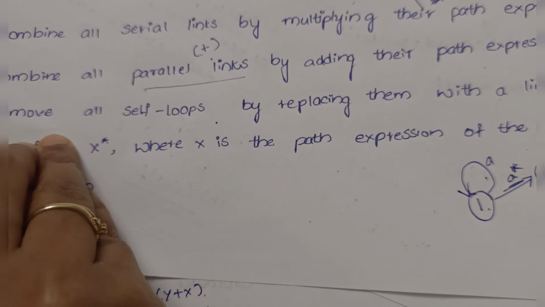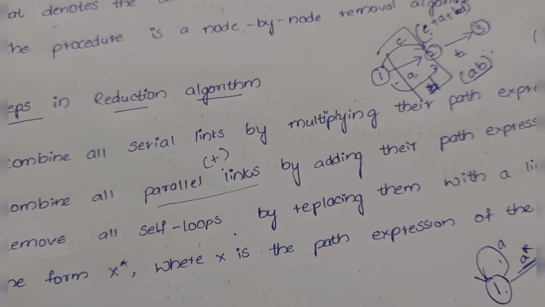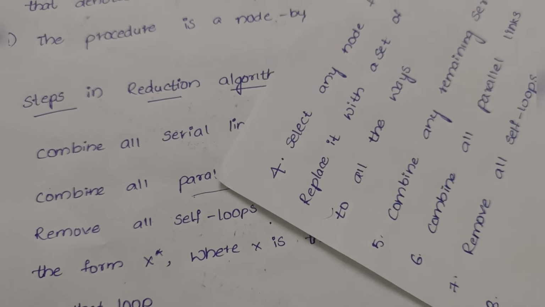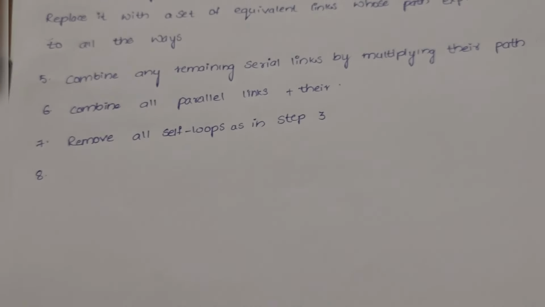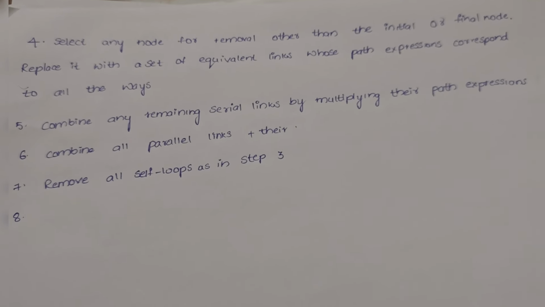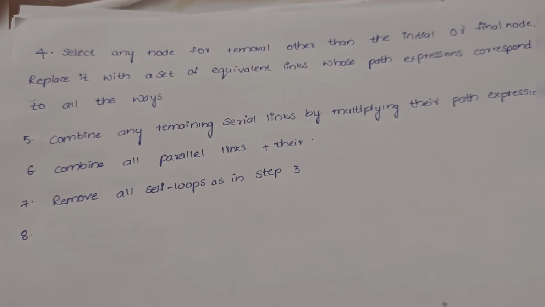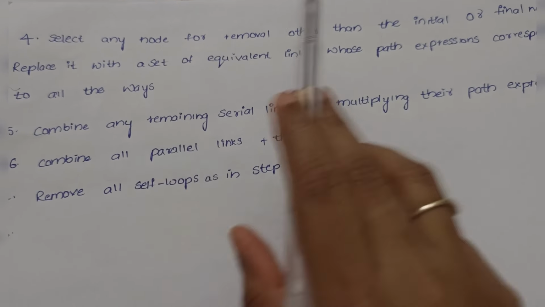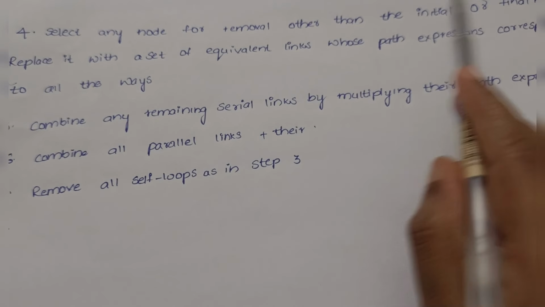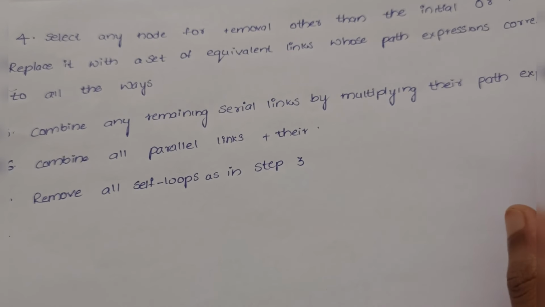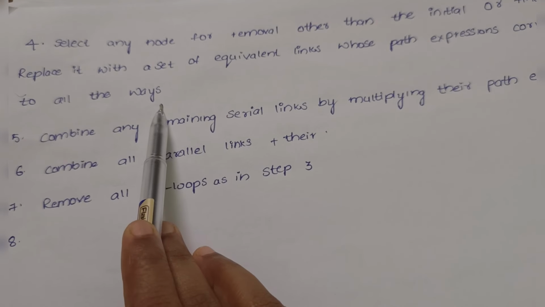Okay, coming to step 4. Here we select any node for removal other than the initial or final. Replace it with a set of equivalent links whose path expressions correspond to all the ways.